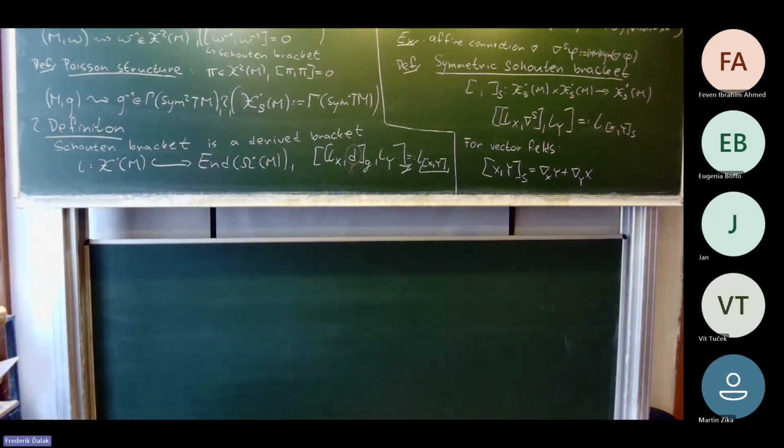Great, so this is the symmetric Schouten bracket, and now it's very easy to define what a symmetric Poisson structure is because we just mimic the definition.